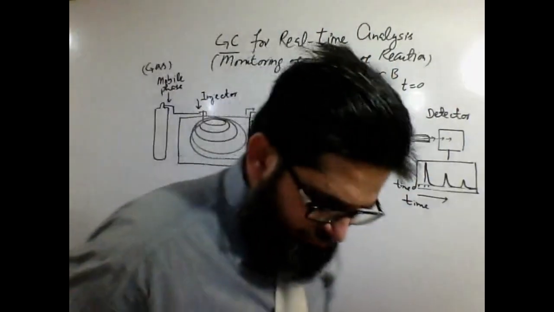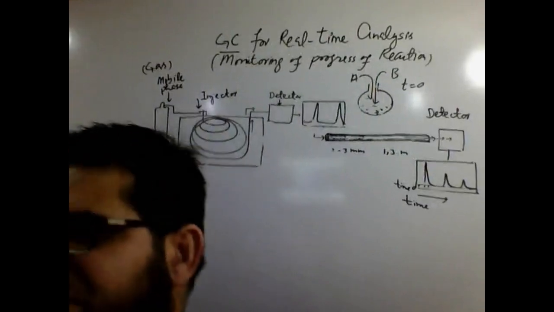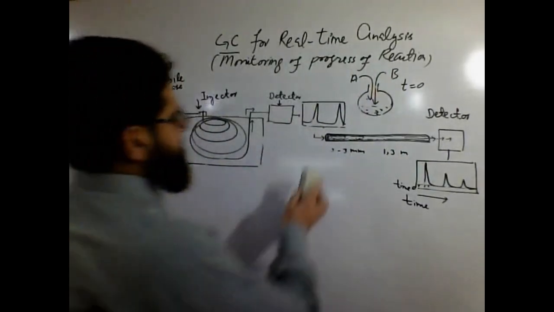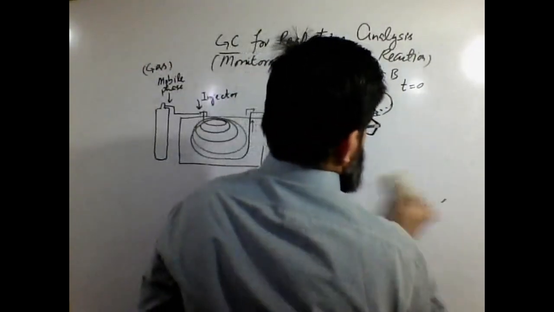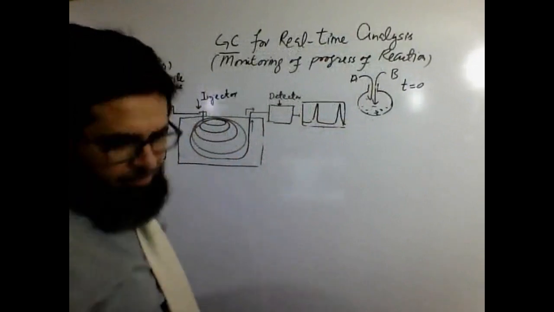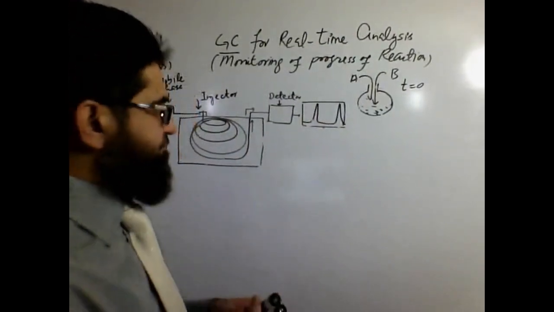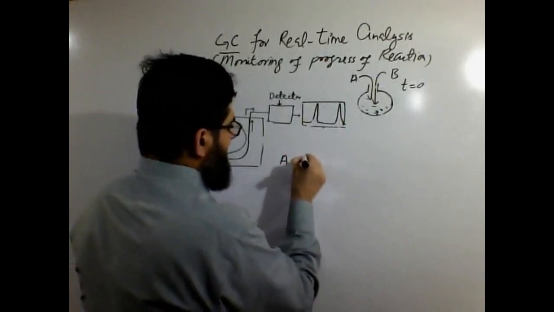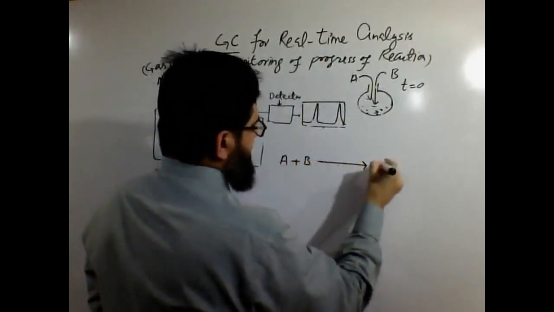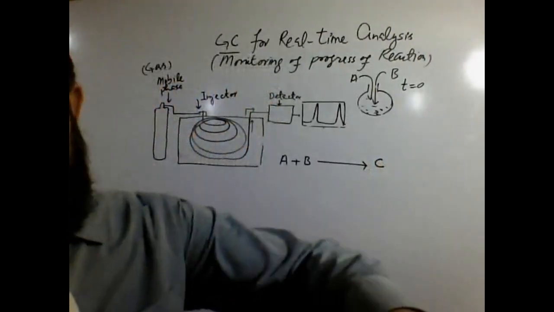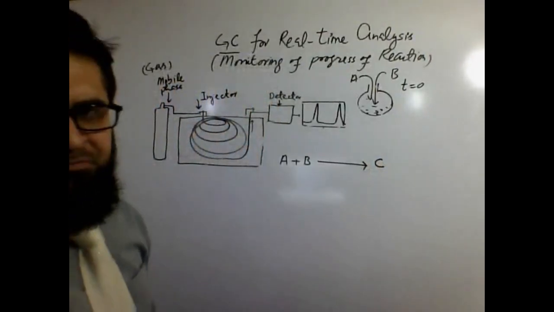Now let me show how real-time analysis could be done. We have mixed A and B and we expect that they are supposed to produce product C.